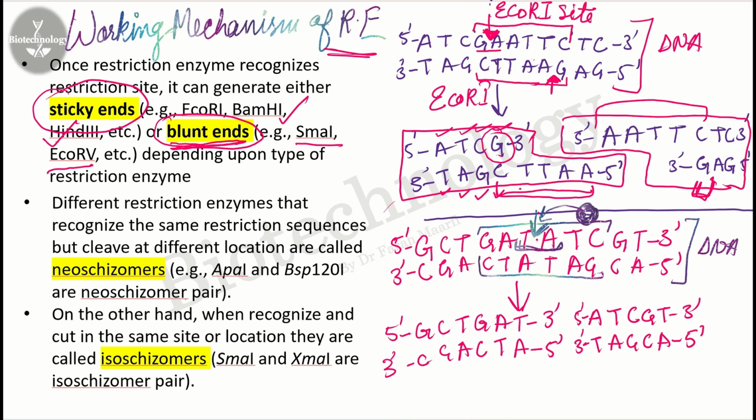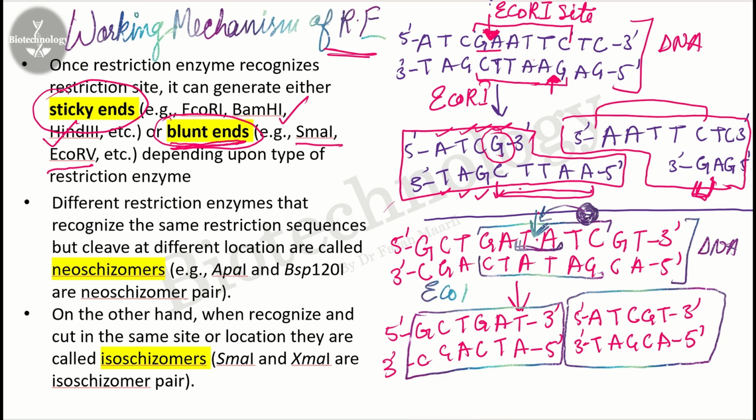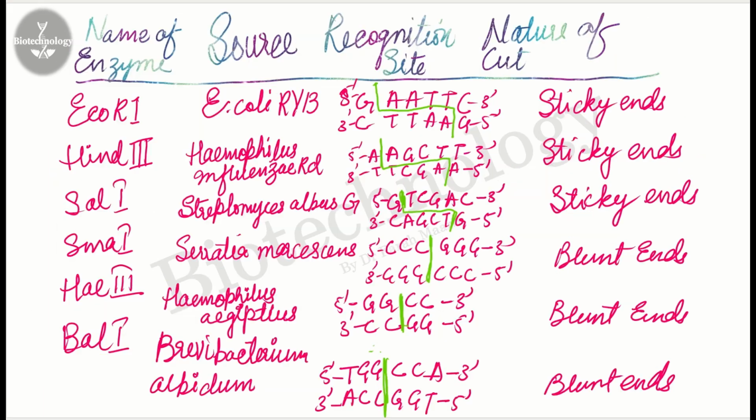It separates the molecule into two different fragments of the same length. You will not get any hanging or flanking regions. You will get the blunt ends only when you treat with EcoRV.